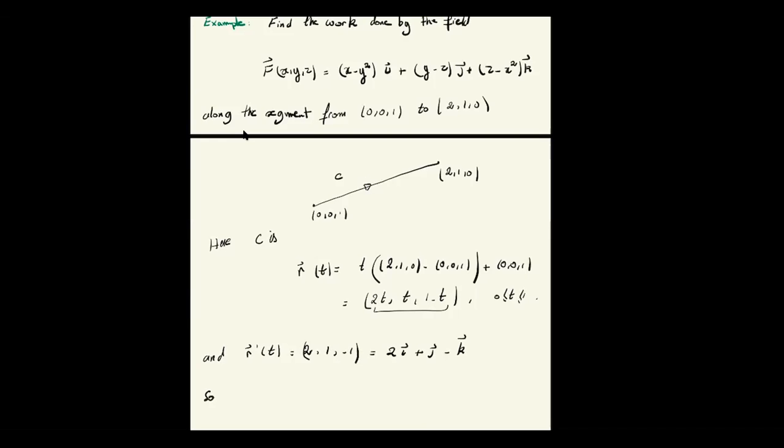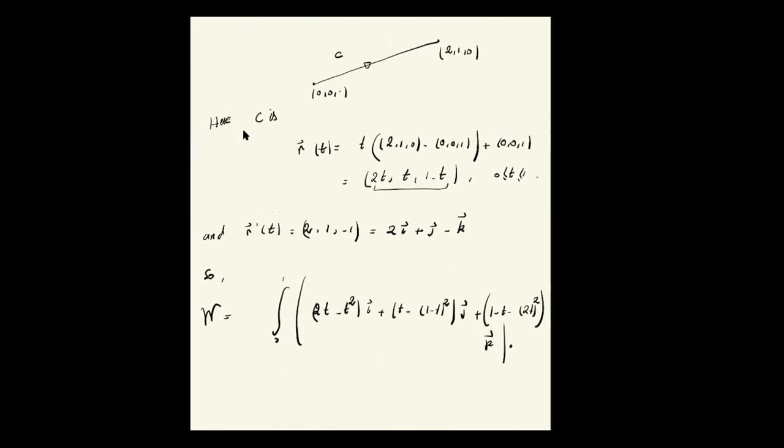So the work is the integral from 0 to 1, and that's going to be a long thing. (2t minus t squared) i plus (t minus 1 minus t squared) j plus (1 minus t minus 2t squared), the whole thing, k, right?